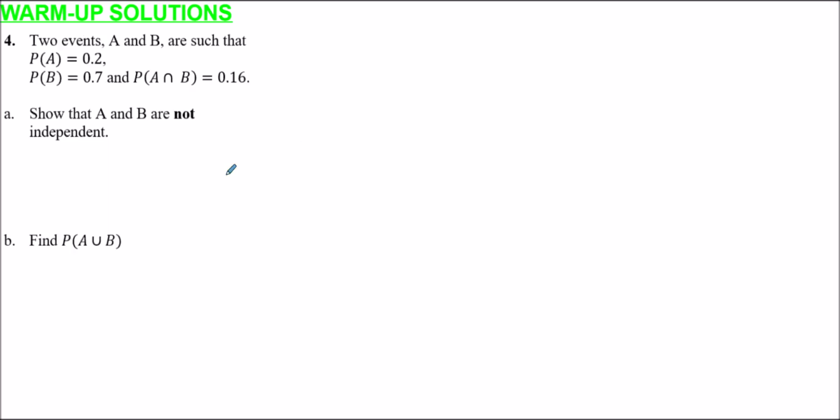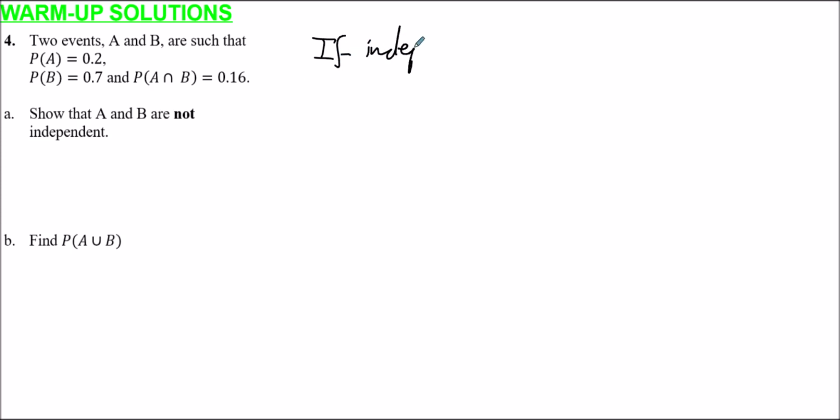Lastly, question 4, we've got 2 events A and B. The probability of A is 0.2, the probability of B is 0.7, and the probability of A and B happening together simultaneously is 0.16. First, we need to show that A and B are not independent. This goes back to one of the laws of probability, which you may have forgotten, but if 2 events are independent, then this rule will hold.